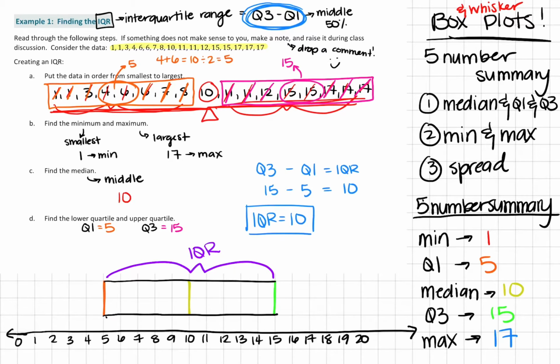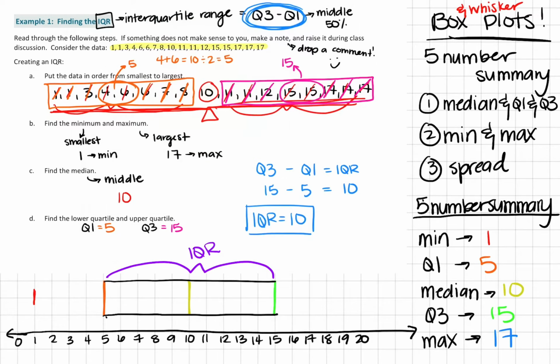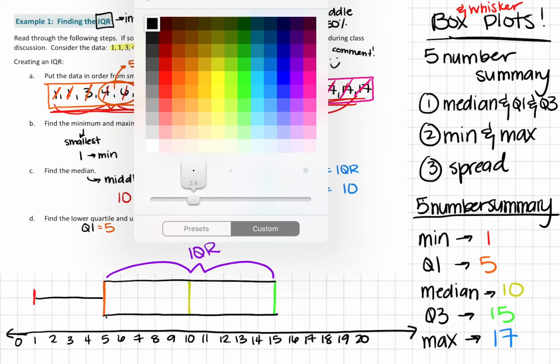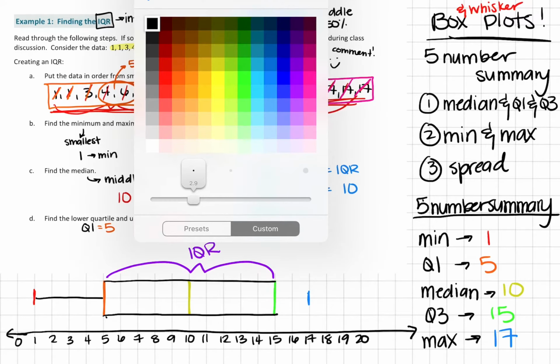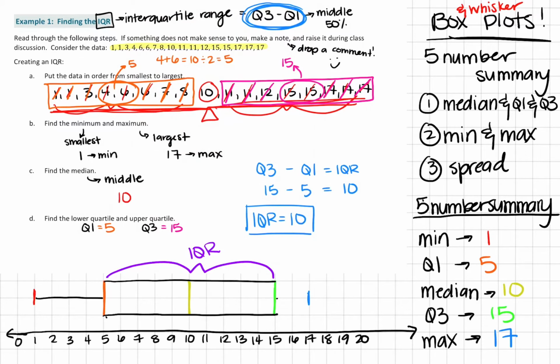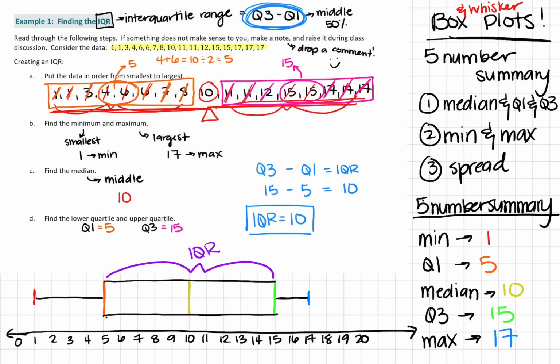So my minimum is at 1, so I'm going to draw that. I like doing it with very small lines. So I'm going to do a nice small vertical line at 1, and I'm going to connect it with a horizontal line to my box. And then I'm going to take my maximum at 17, and I'm going to draw a vertical line at 17, and a nice horizontal line across to the box. And that is my box and whisker plot.